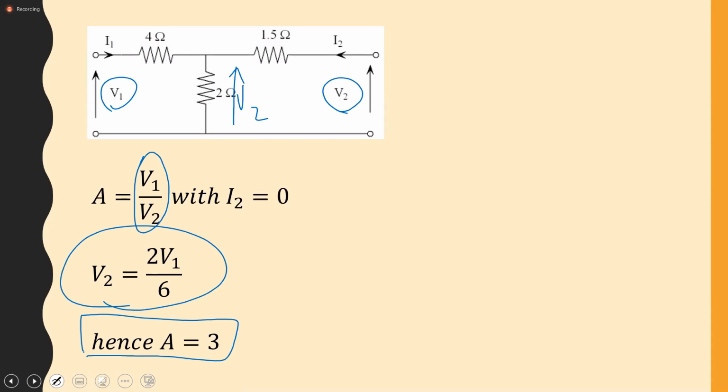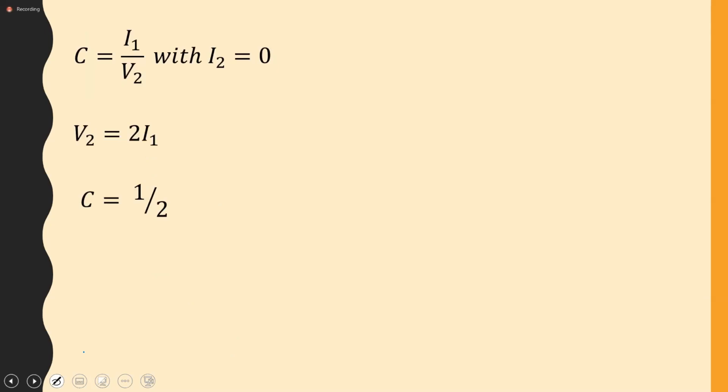Now, with the output port open, I'm also going to find C. C is equal to I1 over V2 with I2 equal to 0. Same port conditions for A and C.